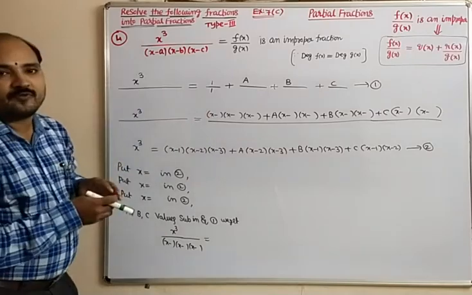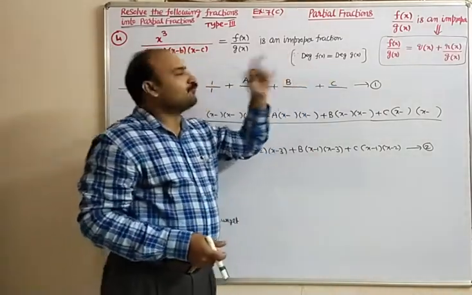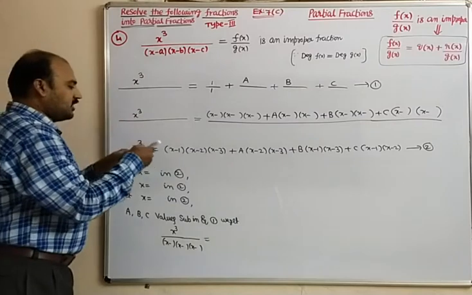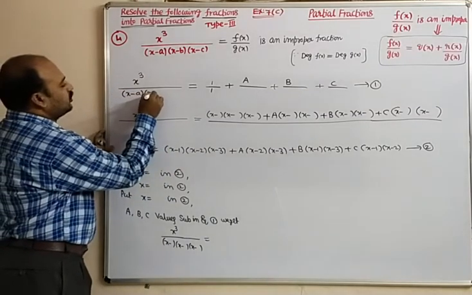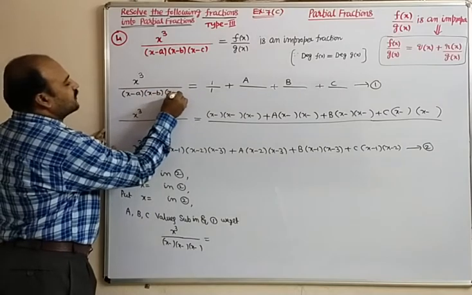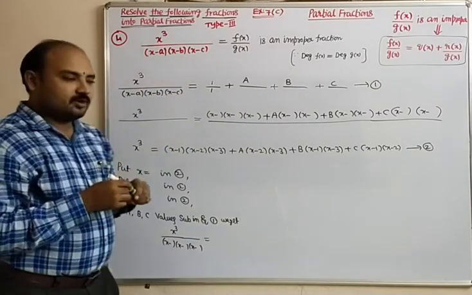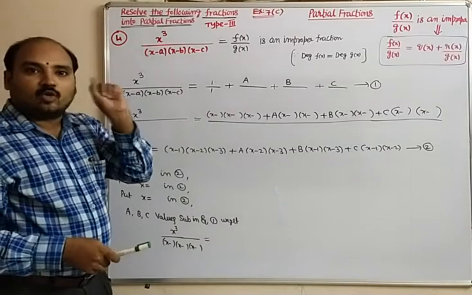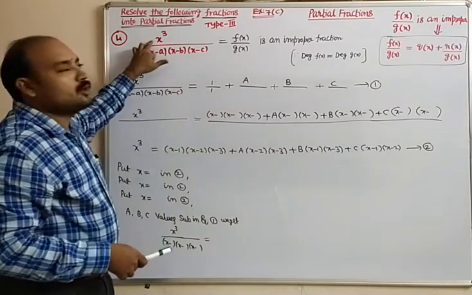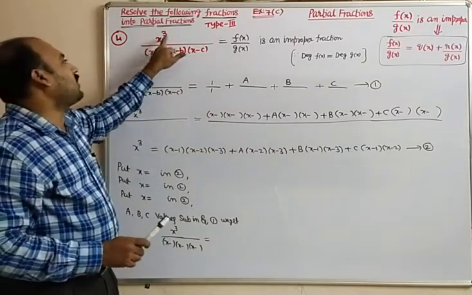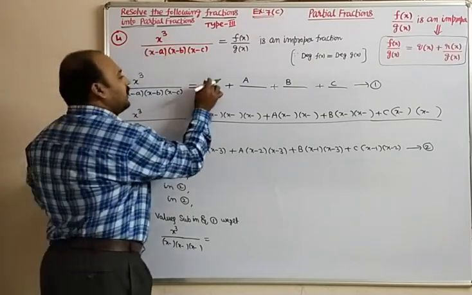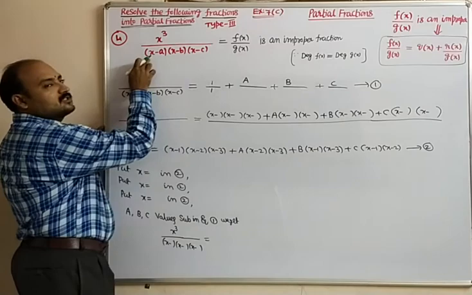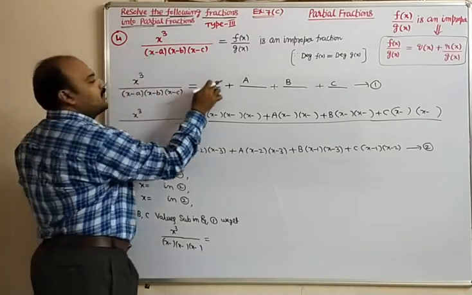Whenever it is an improper fraction of equal degree, x cube divided by (x minus a)(x minus b)(x minus c) can be expressed as the coefficient of x cube in the numerator, the highest power of x, divided by the coefficient in the denominator, also 1 by 1.